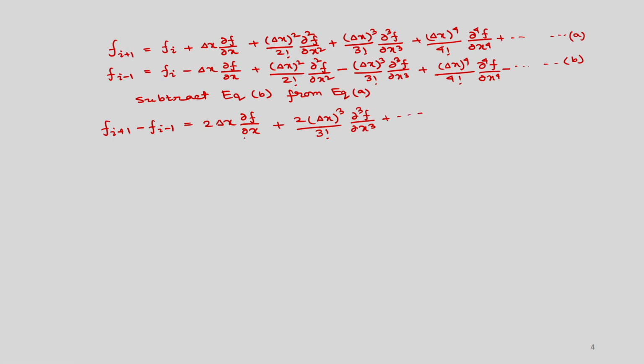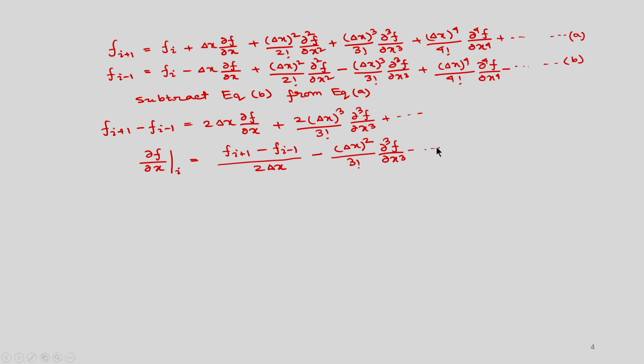So, now if you want to represent this derivative del f by del x about point i, then you can write f i plus 1 minus f i minus 1 divided by 2 delta x, and the truncation error will be minus delta x square, because we have divided by 2 delta x, divided by factorial 3 del cube f by del x cube and so on.